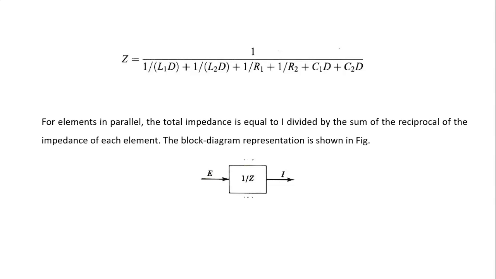In case of series electrical circuit, total impedance is the sum of the individual impedances of each element, and in case of parallel electrical circuit, the total impedance is equal to 1 divided by the sum of the reciprocal of the impedance of each element. Therefore, we will stop here.